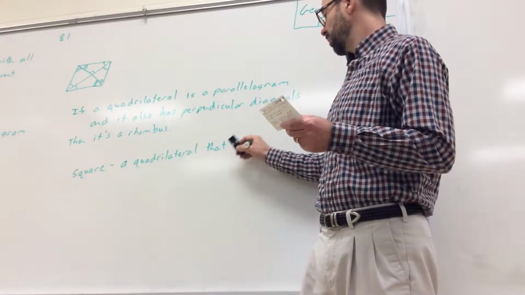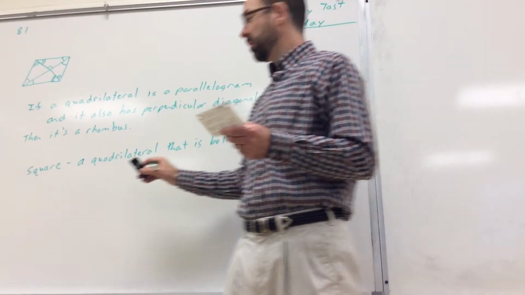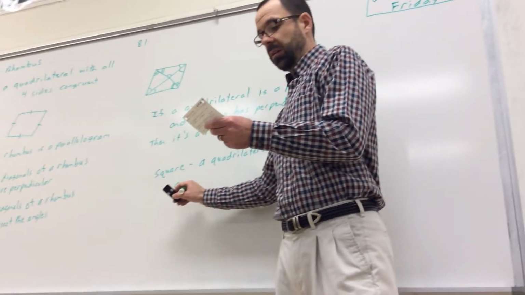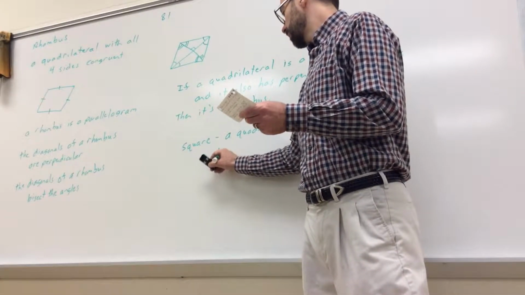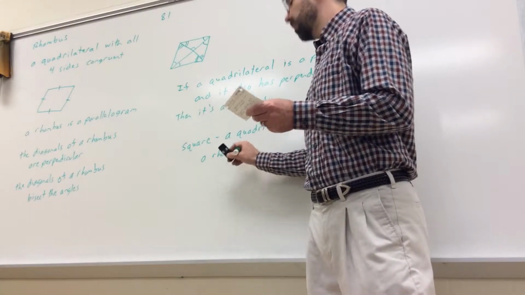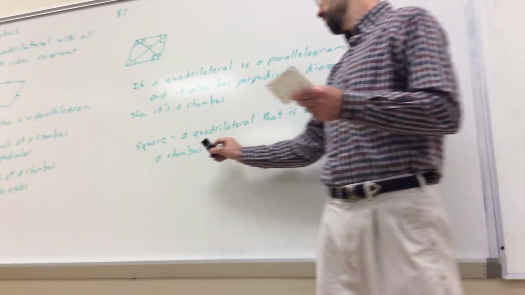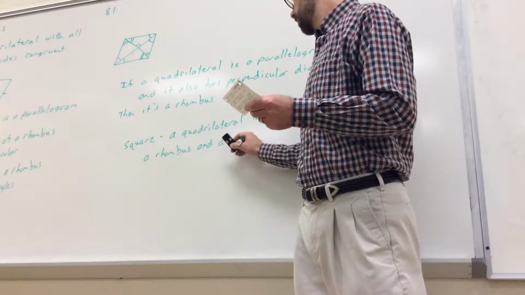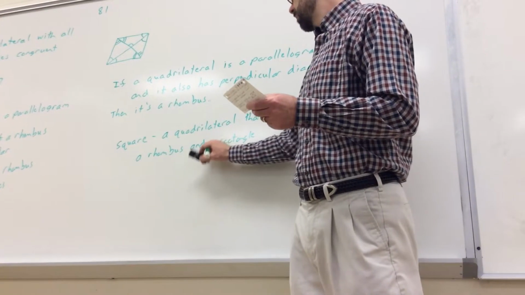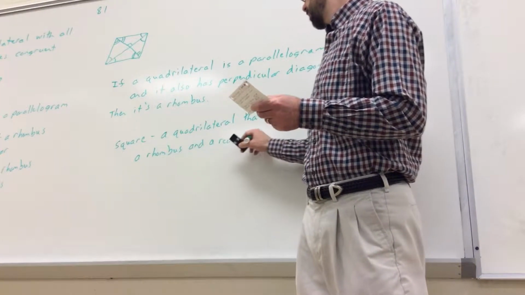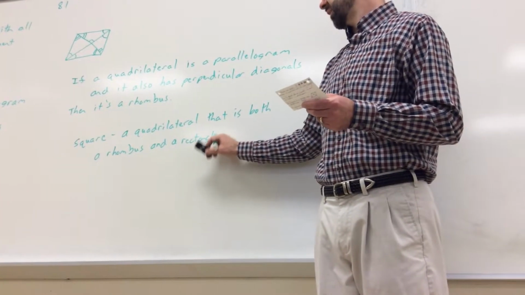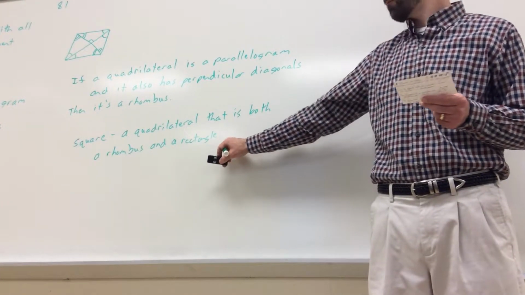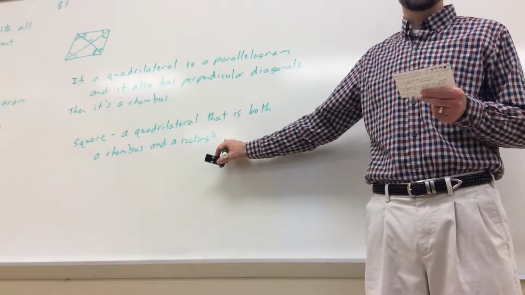That is both a rhombus and a rectangle. A square is a quadrilateral that is both a rhombus and a rectangle.